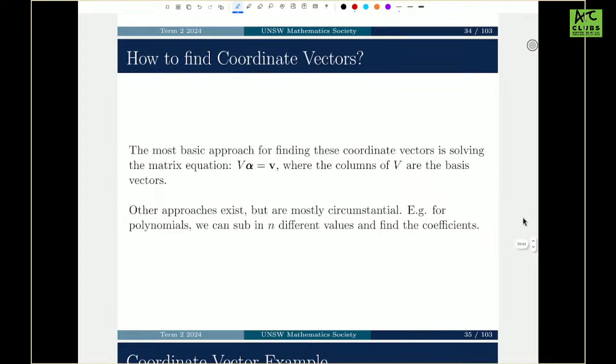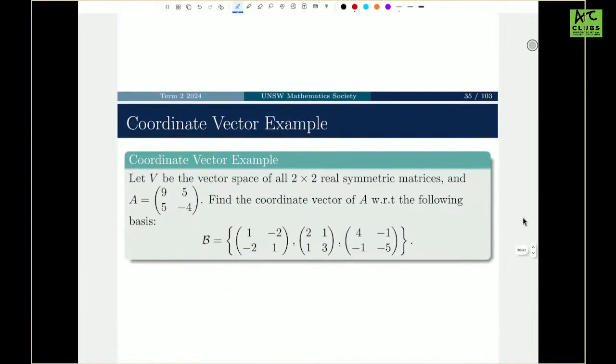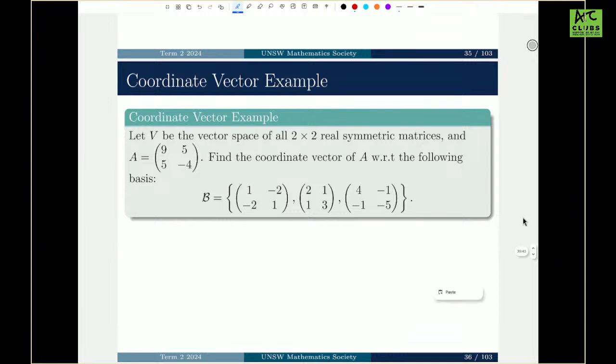Normally to find these, we'd solve this matrix equation where the columns are the basis vectors. But in general, it's not really that easy.